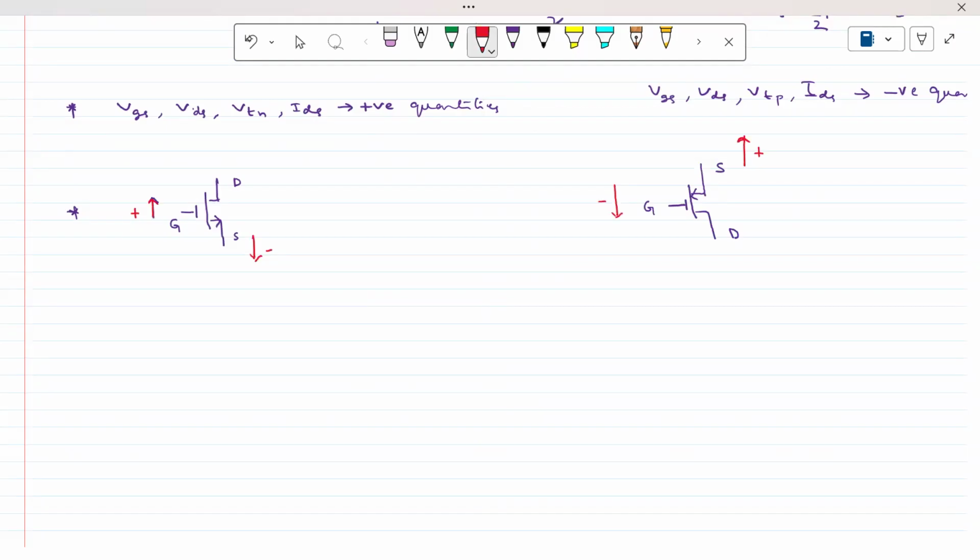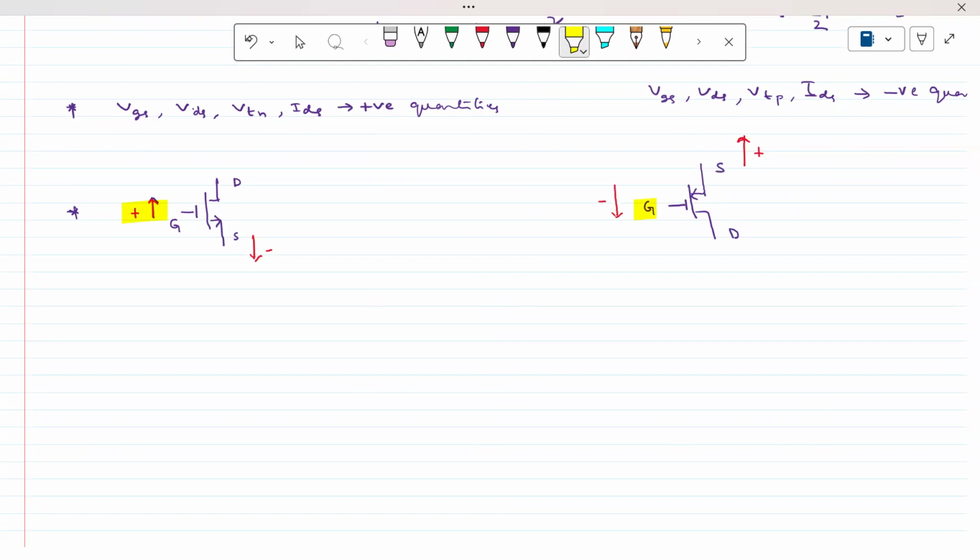As the gate goes more and more negative, the transistor turns on. I am talking about the on and off condition. If you take the gate potential more and more positive for the NMOS transistor, it becomes on. If you take the gate more and more negative for the PMOS transistor, it becomes on. Please remember, the gate goes in the positive direction and the source in the negative direction in order to say the MOSFET is on or off.